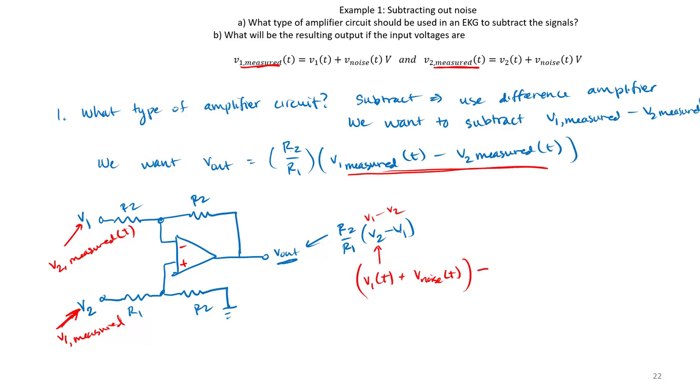And then if we plug in for V1 our value V2 measured, we have V2 of t minus V noise of t.